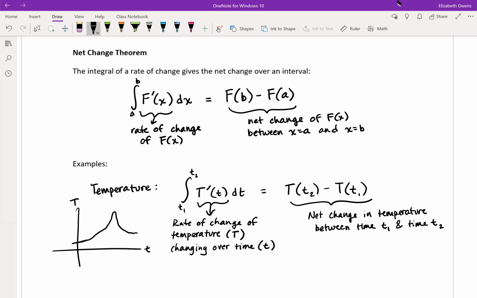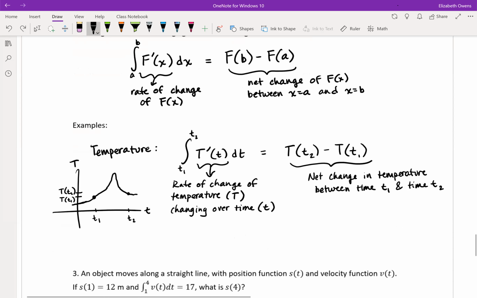If we were looking at times T1 and T2, here and here, the net change in temperature is literally just the difference between those two values. This is big T of T1, this is big T of T2. So the net change in temperature there is not very much. Even though there was this large change in temperature in the middle of those 2 times, net change just looks at the difference between 2 individual points.